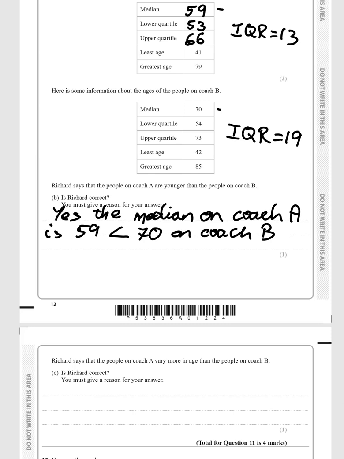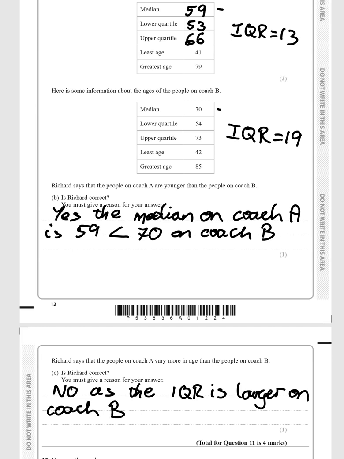So is he? No, he's not. No, as the interquartile range is larger on coach B. So actually they're more varied. 19 is larger than 13. Okay, you could do exactly the same with the upper and lower. As long as you've actually got some numbers in there and you've put it in context, that would be absolutely fine for the marks.